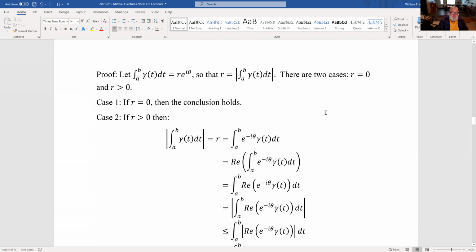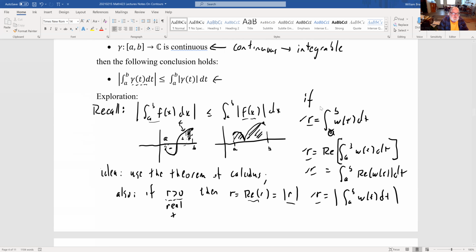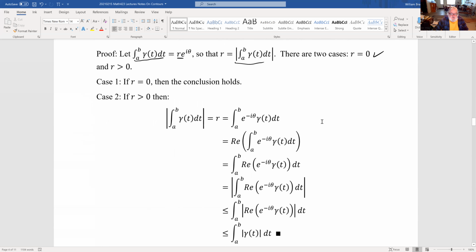So what do we do? The integral has to be some complex number. We're going to write it as r e to the i theta, and r is then the absolute value, the modulus, of this thing. If r equals 0, then your conclusion holds, right? If this integral equals 0, then that's going to be less than this, whatever it happens to be. So that's fine. If r is greater than 0, then what do you get?